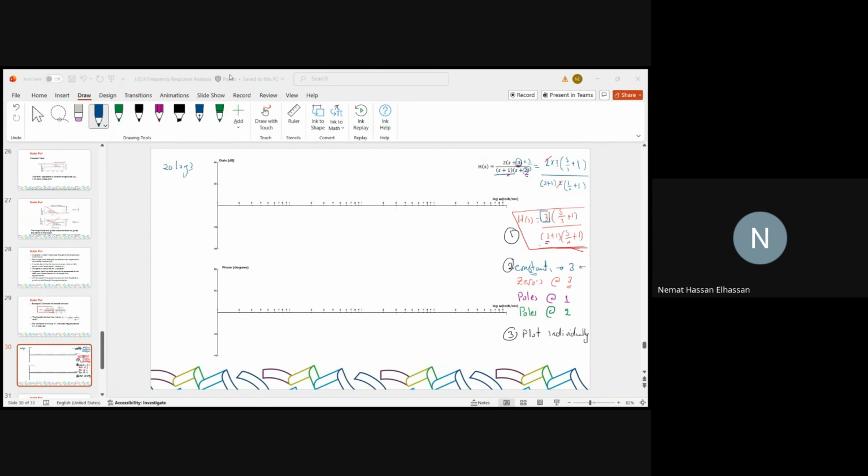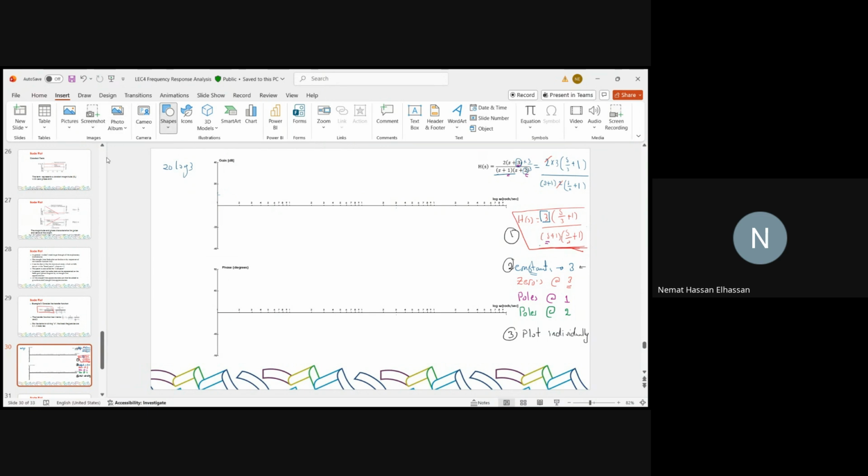So let's just calculate 20 log 3, which is 9.54. So we'll say that somewhere, if this is 20, this is 10, it will be somewhere over here. So the constant is always plotted as a straight line.